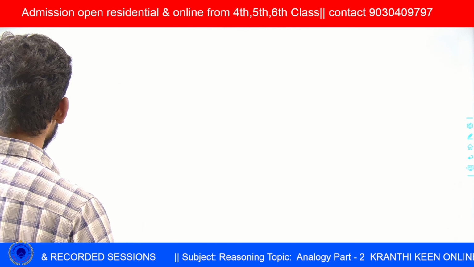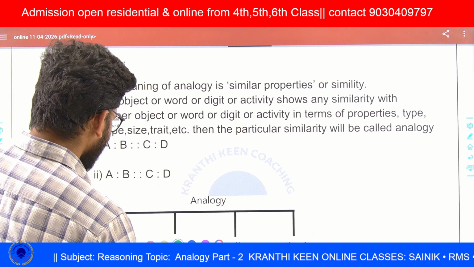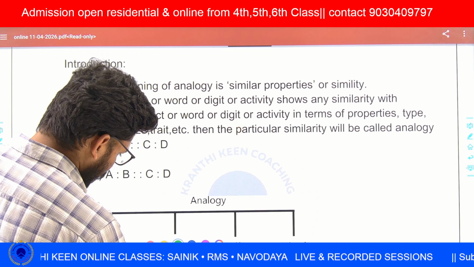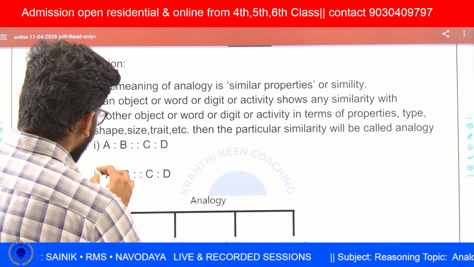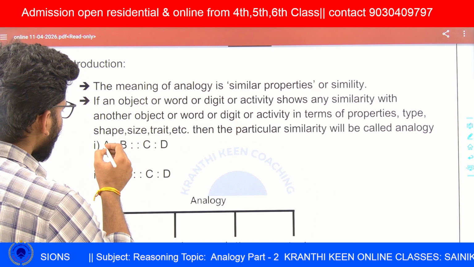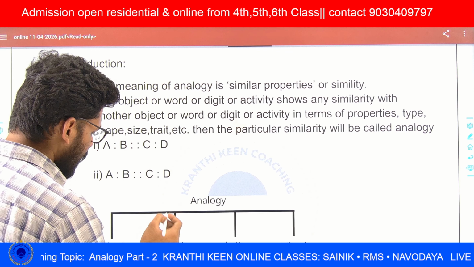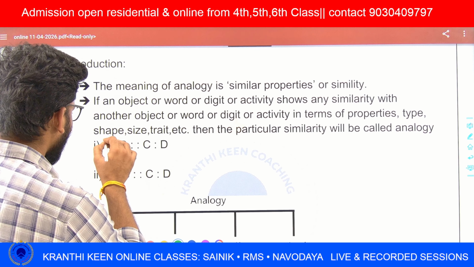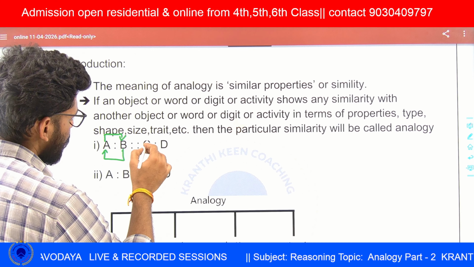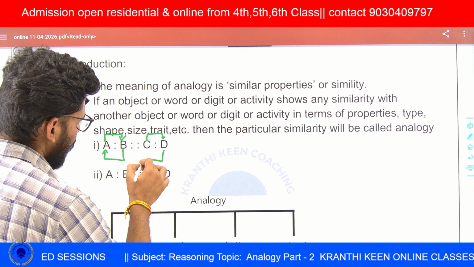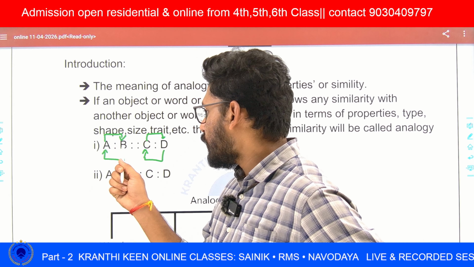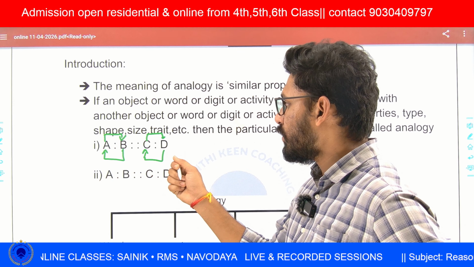Here A is related to B in the same way C is related to D. There might be a relation from A to B as well as B to A, and C to D and D to C. It means there might be a relation between the words of a pair. There might be a relation between A to B or else B to A, in the same way C to D and D to C.